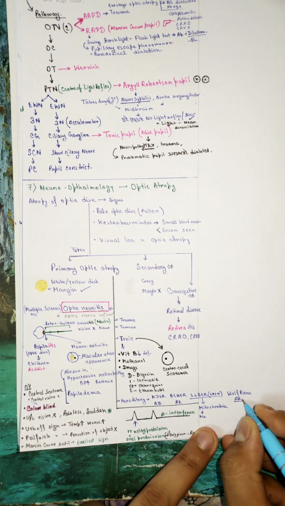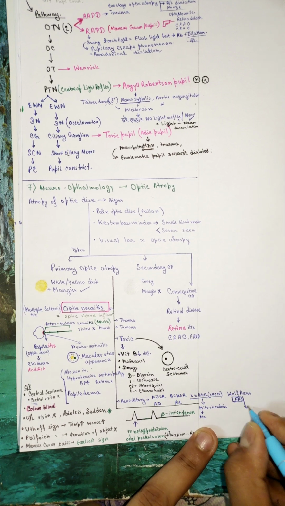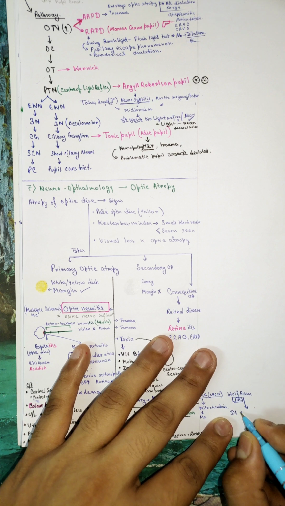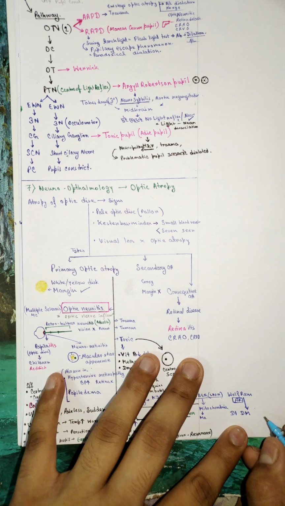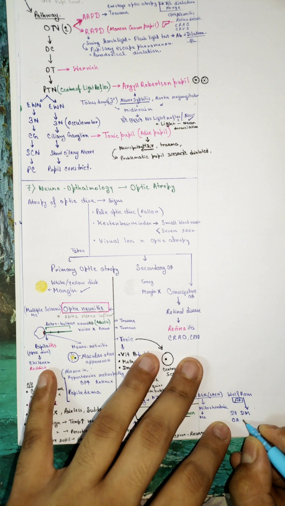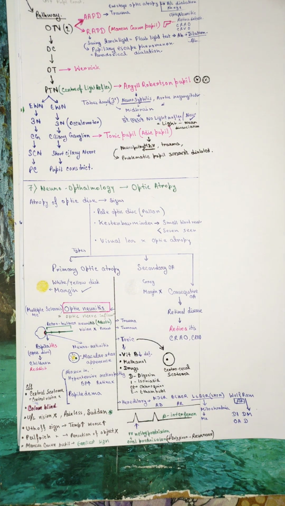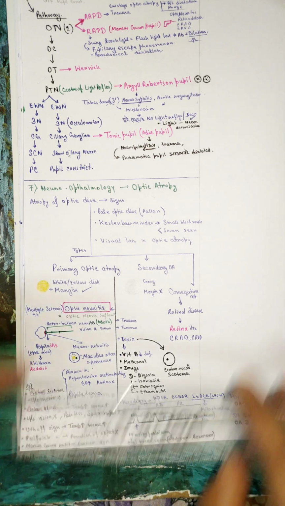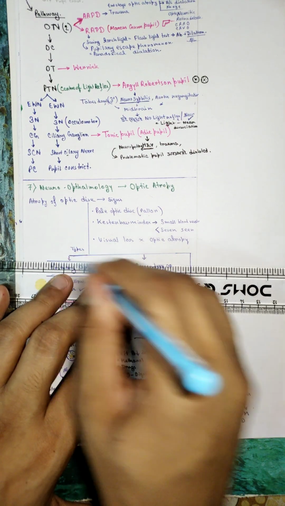And Wolfram is also risky. It happens with diabetes insipidus, diabetes mellitus, also optic atrophy, and deafness. So these are all primary optic atrophy.